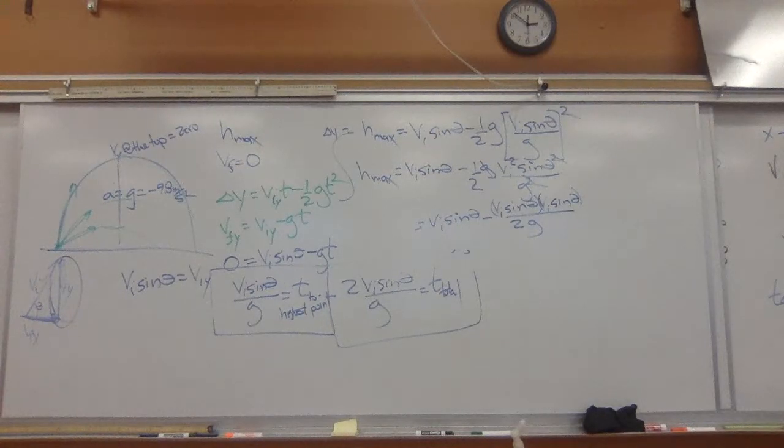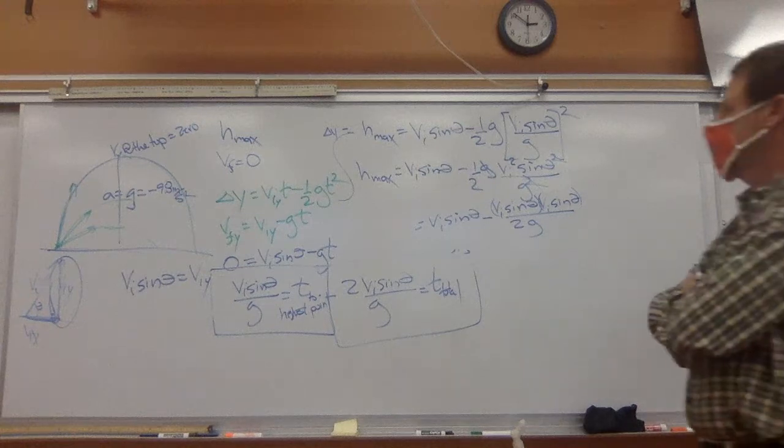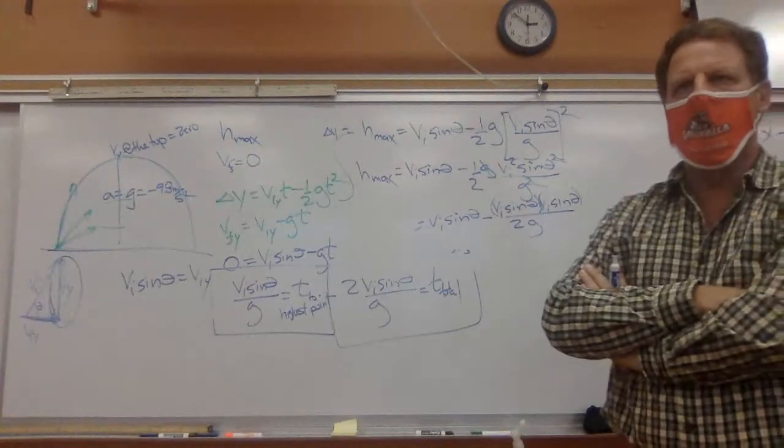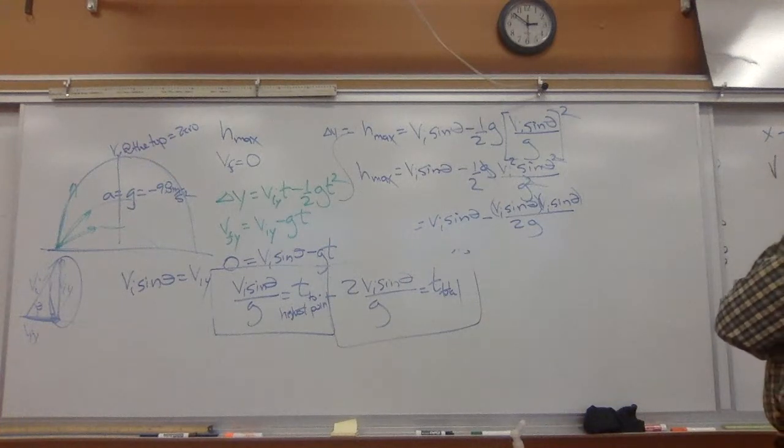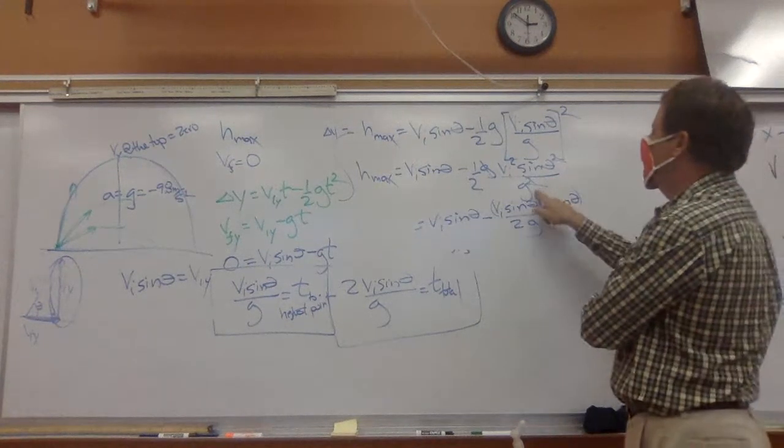When is the equation done? What are you trying to simplify it to? I'm having a little brain fart here. It should be 2G. We had this is G squared.